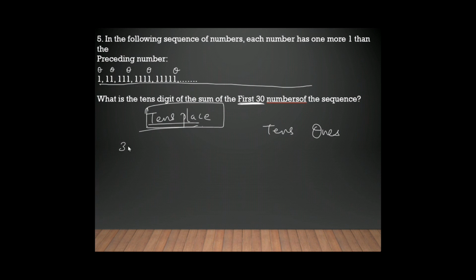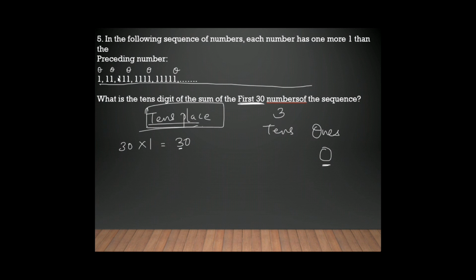So when you add all those 30 ones, you're going to get 30 as the answer. Now whenever we write the answer, we put the 0 in the ones place, and this 3 will get carried over to the tens place. I'll write it here in the tens place, carry over.